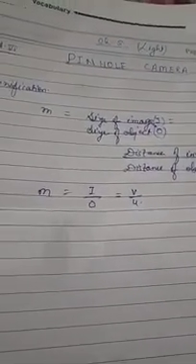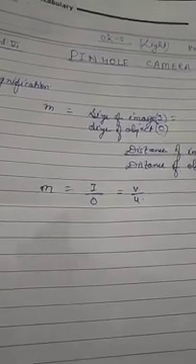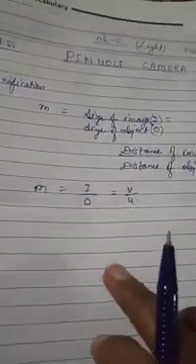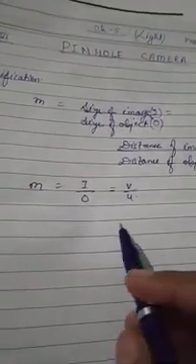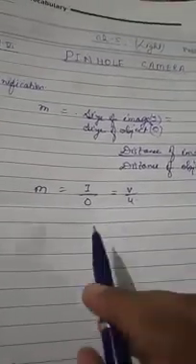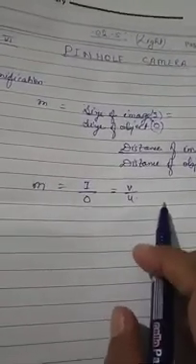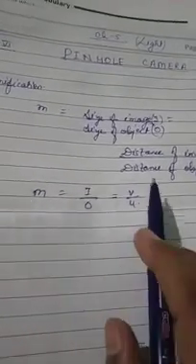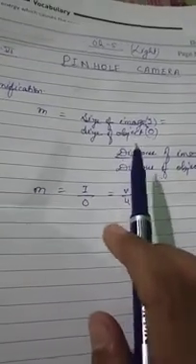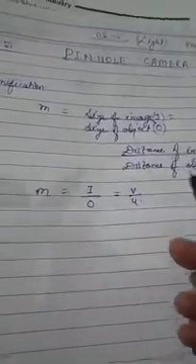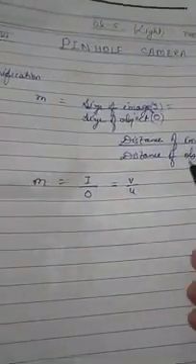But if you remove the object from in front of the camera, you will see that there will be no image on the screen. Okay, so a permanent record of the image is not possible in a pinhole camera, but in a general camera, definitely we can keep a permanent record of the image.